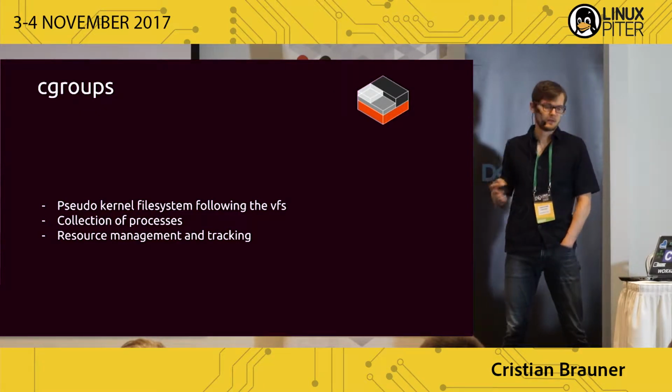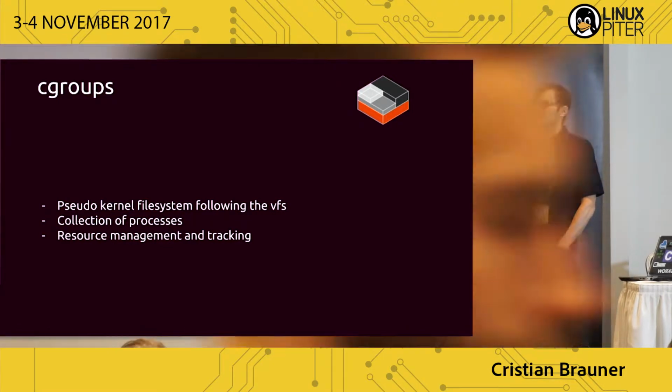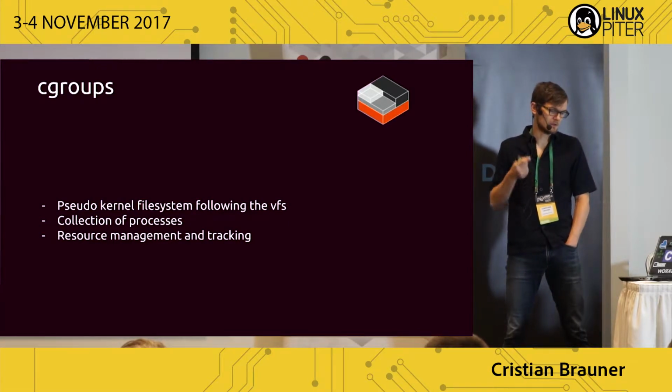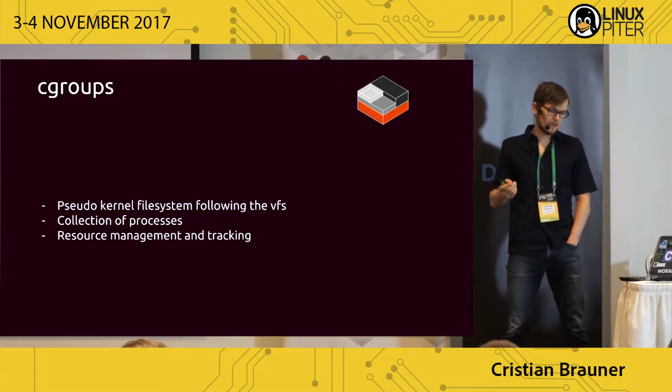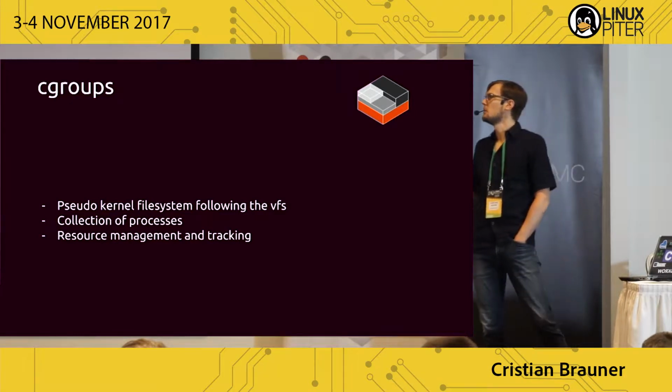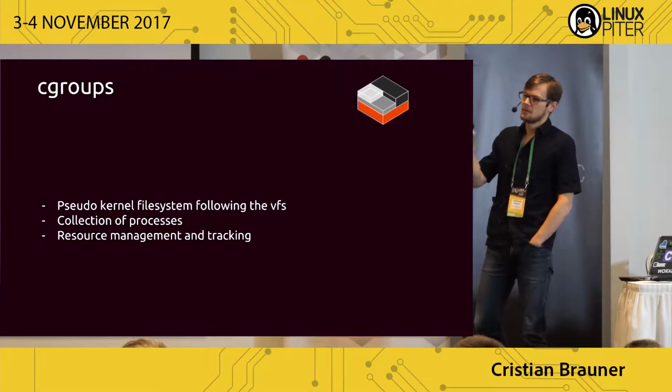Cgroups go along with containerization quite naturally, because usually what you want is not just to isolate a set of processes, for example, with a bunch of namespaces. You likely also want them to have access to just a limited subset of the resources that your system exposes to you. And cgroups essentially allow you to do that.